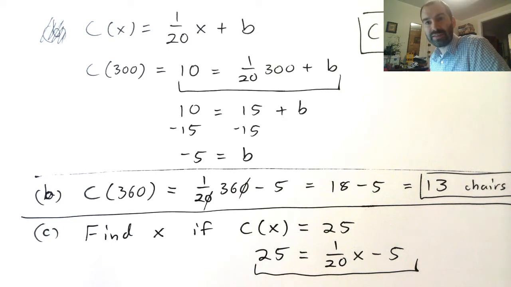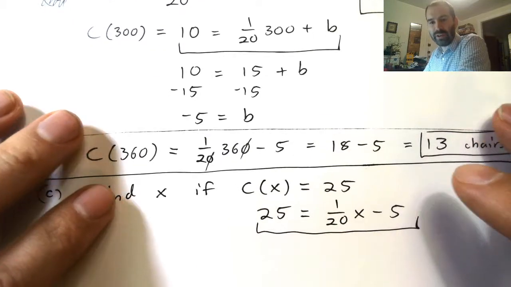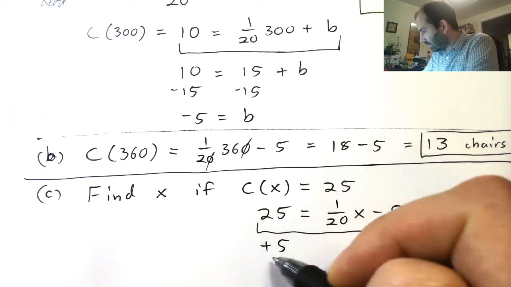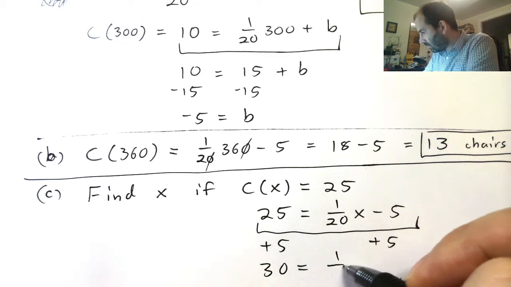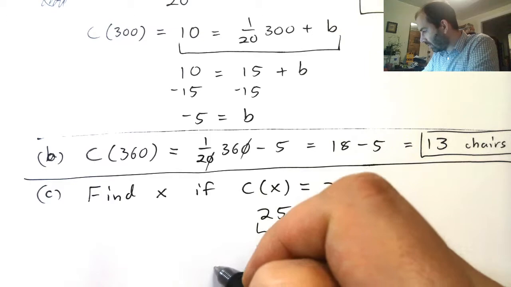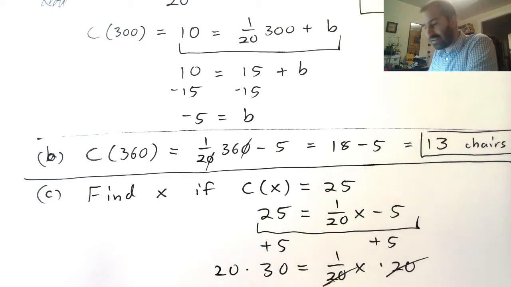So here's our equation, and we want to solve this for x. Pause the video, and we'll meet you back here. Welcome back. Let's check our work together. Add 5 to both sides. Now we want to get rid of the fraction, so multiply both sides by 20. That kills the denominator.